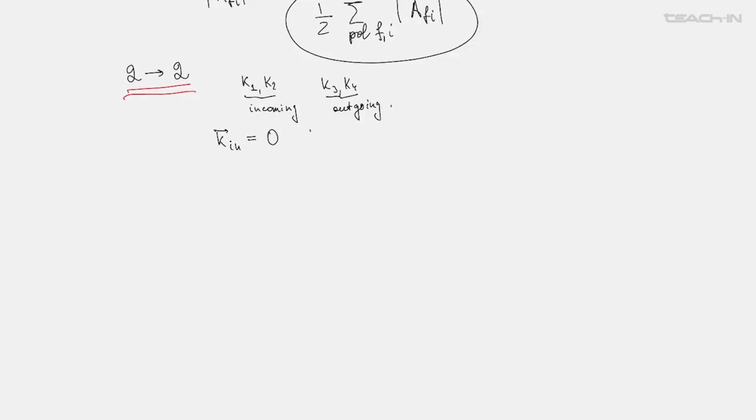K1 plus K2, K in, and it's equal to 0. So it makes sense then to take one of these momenta as the reference momentum with respect to which we will be writing everything, and then K1 is minus K2.